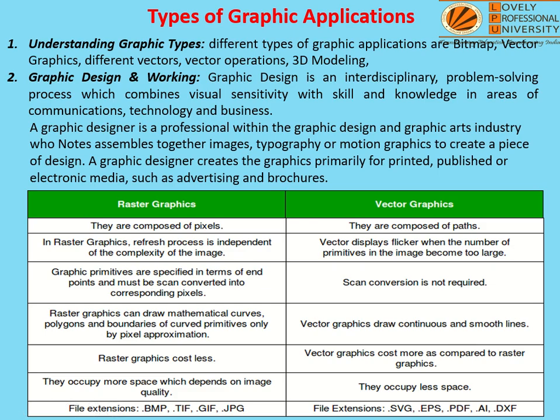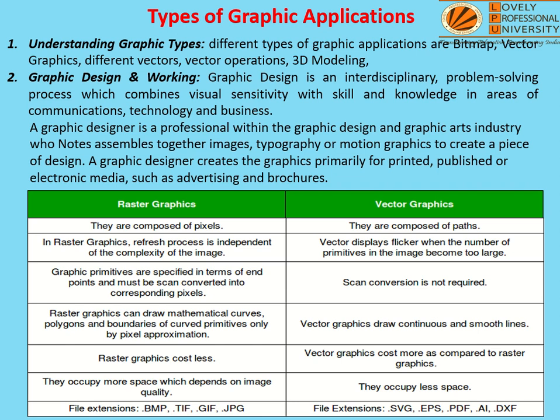So, a different understanding of the graphic application. Most of the important part is that you are going to deal with bitmap, vector graphics, different vectors, and 3D modeling. We are going to start with two important terms, raster graphics and vector graphics. Remember one thing: whatever is made with pixels is called a raster graphic.